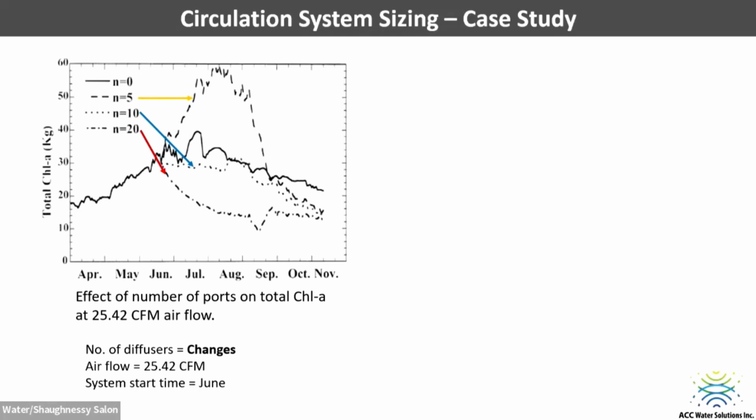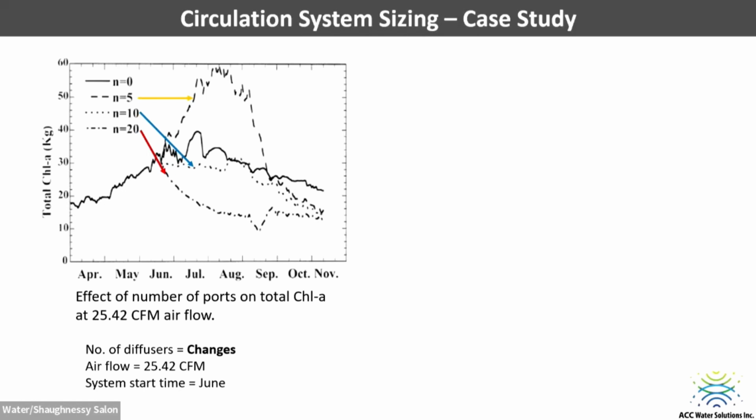They changed the number of diffusers, with airflow constant and the system start time in June. Another factor is when you install the system, whether it starts in June, July, or September, which also affects your aeration results. In this one, each system started in June.